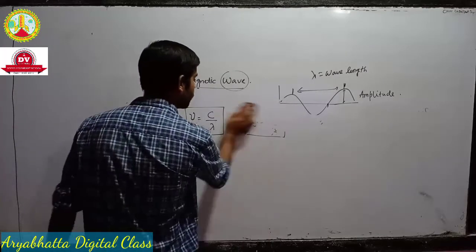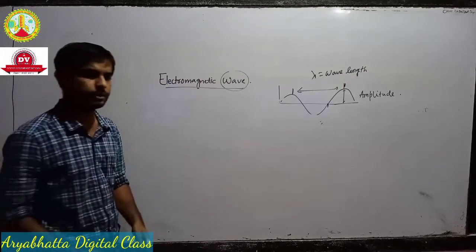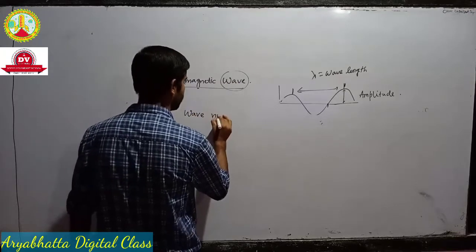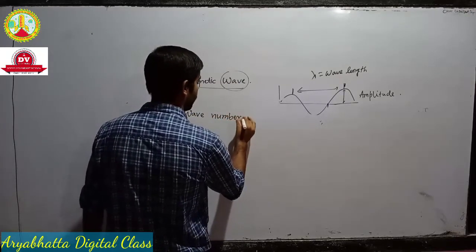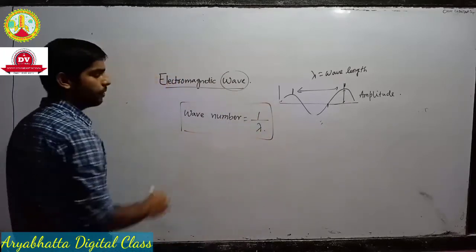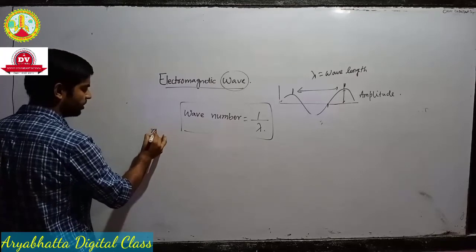Now we will define another property of the wave, that is called wave number. This is the last thing that I will discuss in this video lecture. Wave number is defined as 1 upon lambda. What is wave number? Wave number is the number of waves passing through a unit cross section.